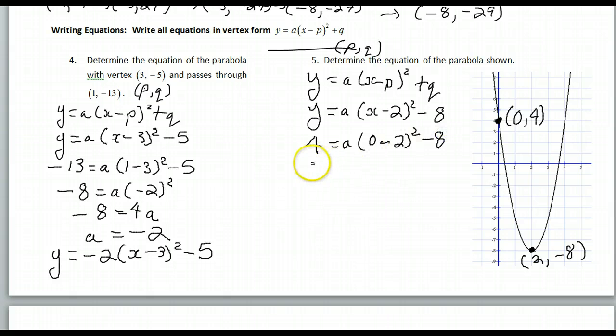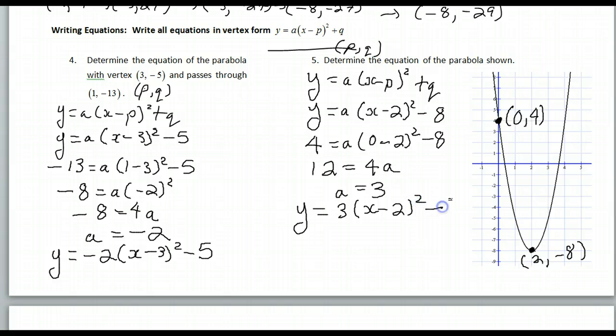And solving for a, add 8 to both sides, and a is equal to 3. Now we can write the equation y equals 3(x minus 2) squared minus 8. And we have solved that. If we went to decimals, we could graph that and see that we would have the same graph.